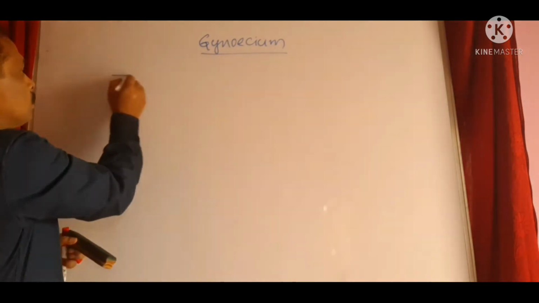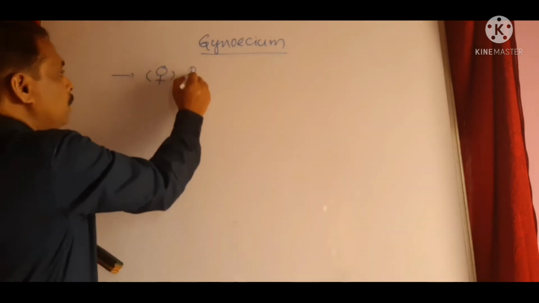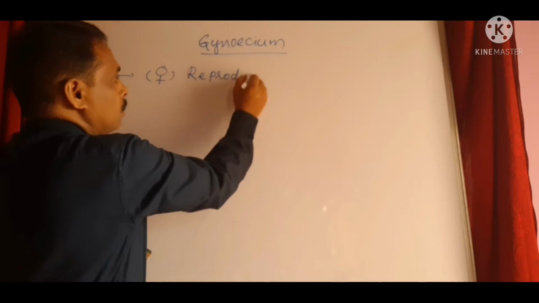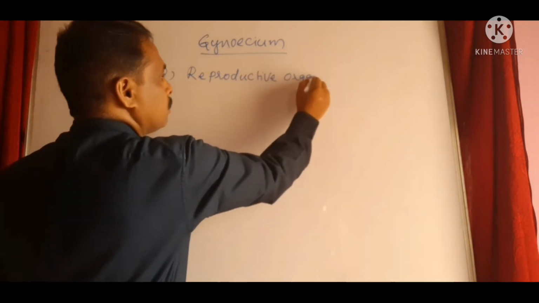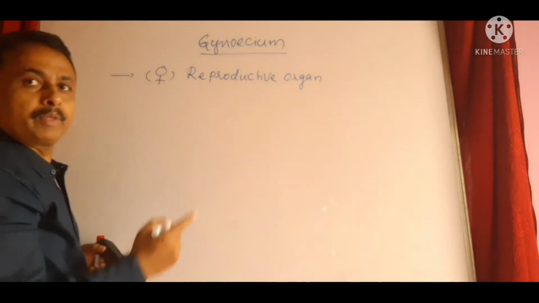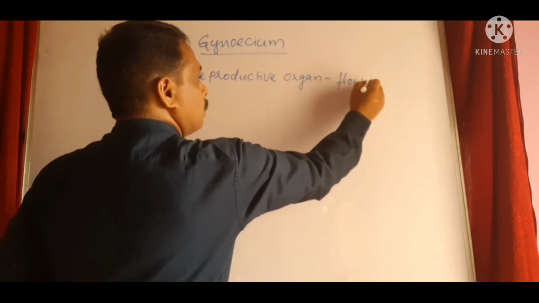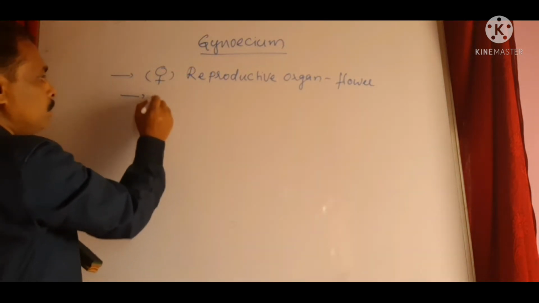Gynoecium is the female reproductive organ of a flower, and this is otherwise called pistil.